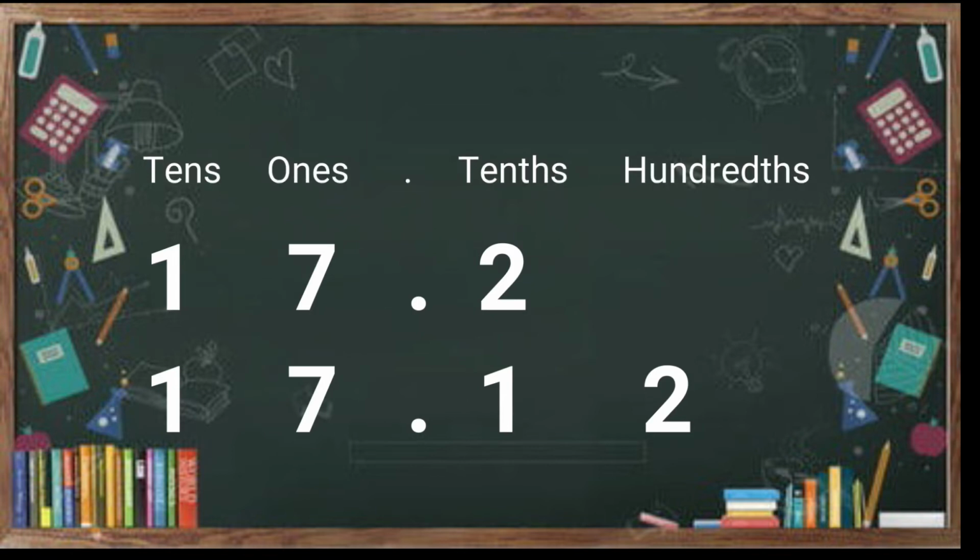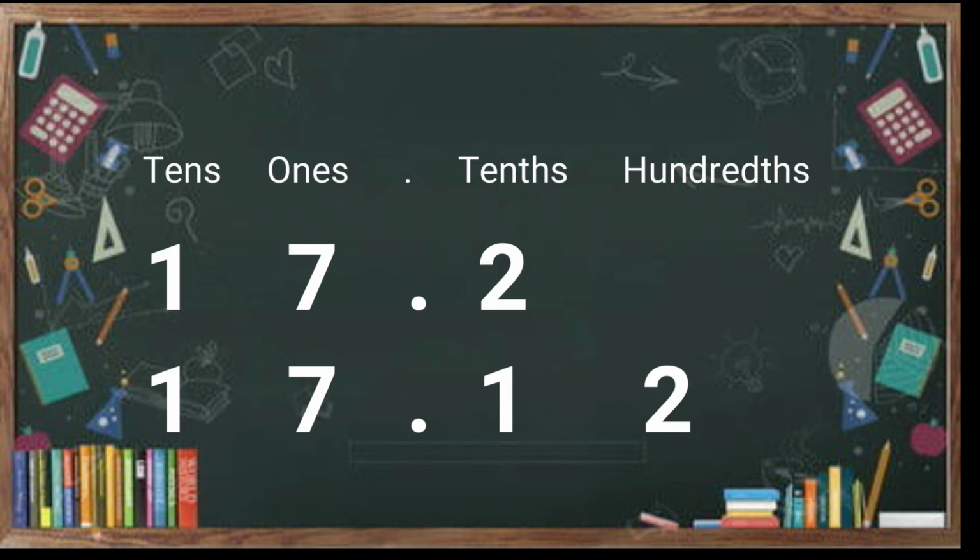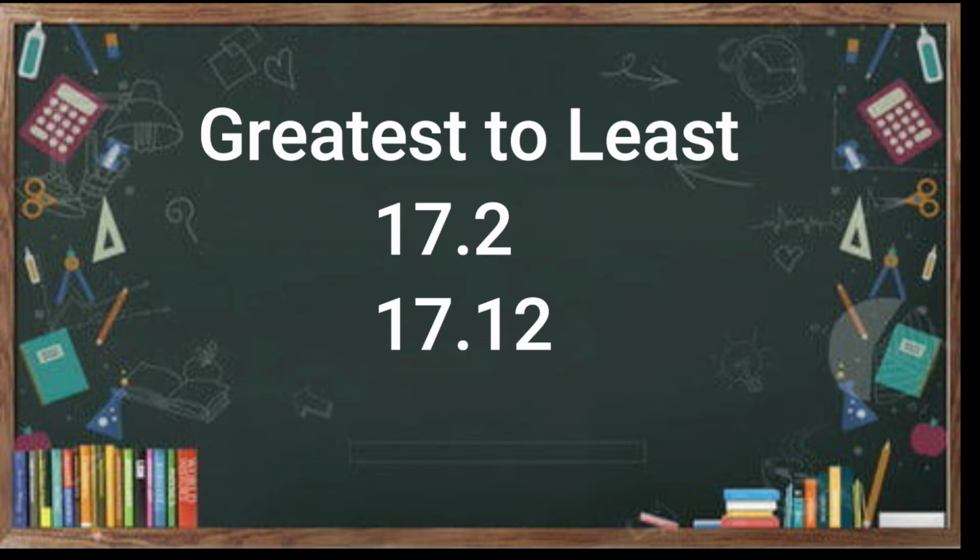Since both have the same whole numbers, we will proceed to the next place value, which is the tenths place. So we have here 2 and 1. Which is higher? Perfect. That is number 2. So the highest among the 5 temperatures is 17 and 2 tenths. Next is 17 and 12 hundredths.